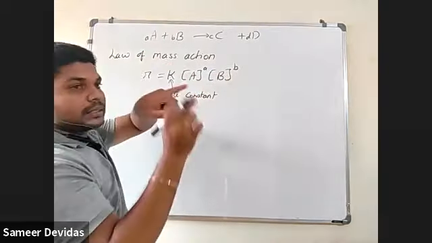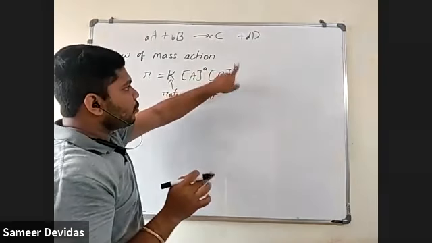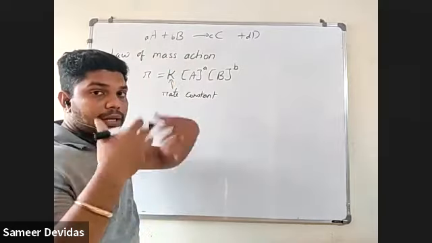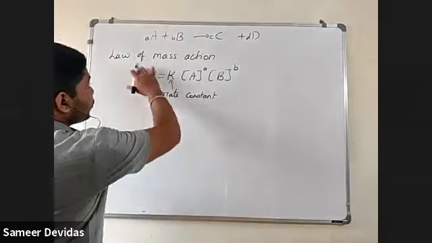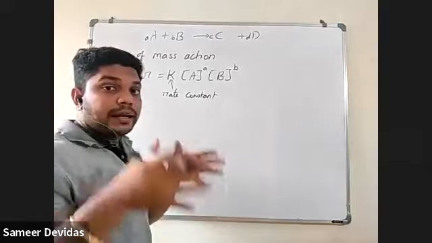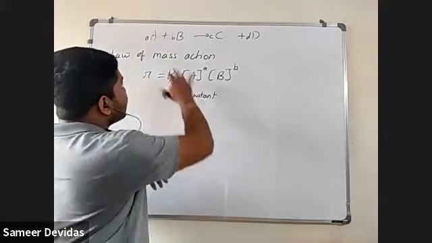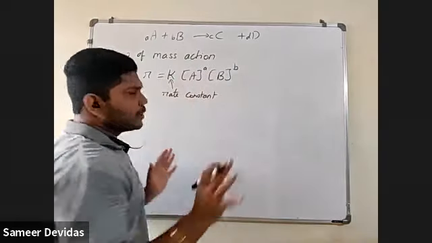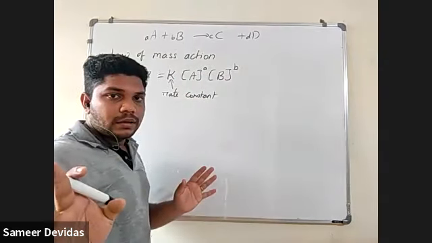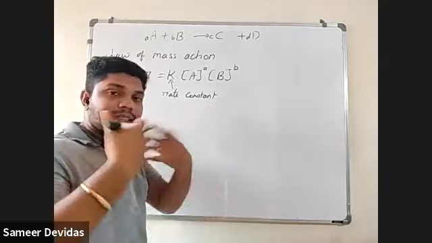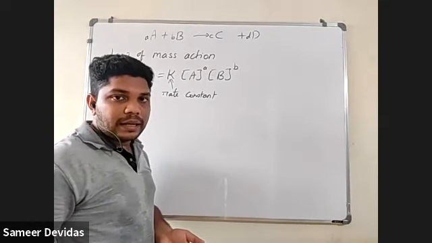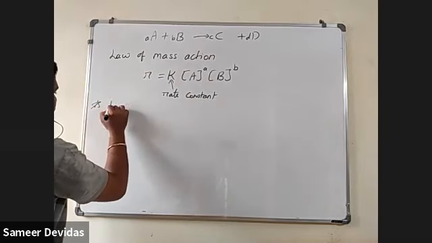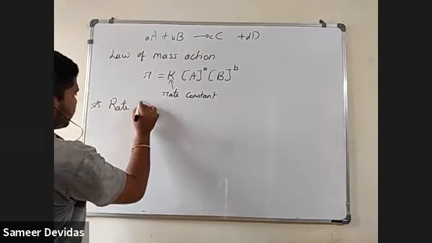Means whatever number is there, they are directly writing on top. This is the first, when chemical kinetics started, that time the law of mass action came, and they used this concept in chemical kinetics. You need to remember just this much. Nothing more, because this law was scrapped just after that, and the new law came, and the new law is called rate law. This is very important.